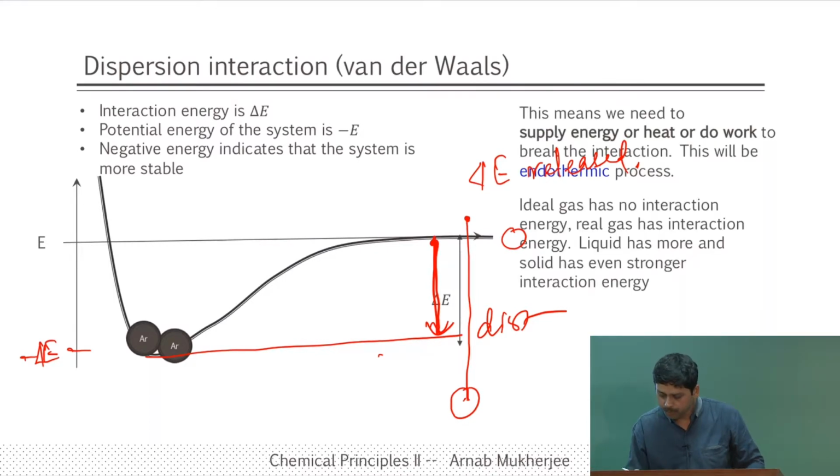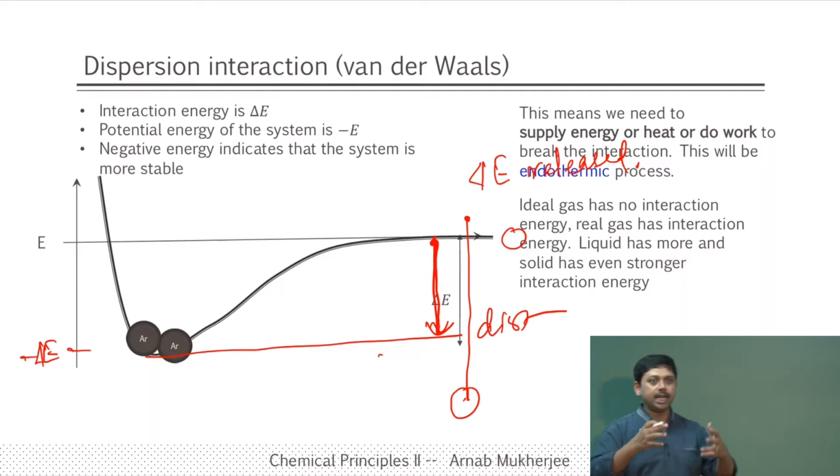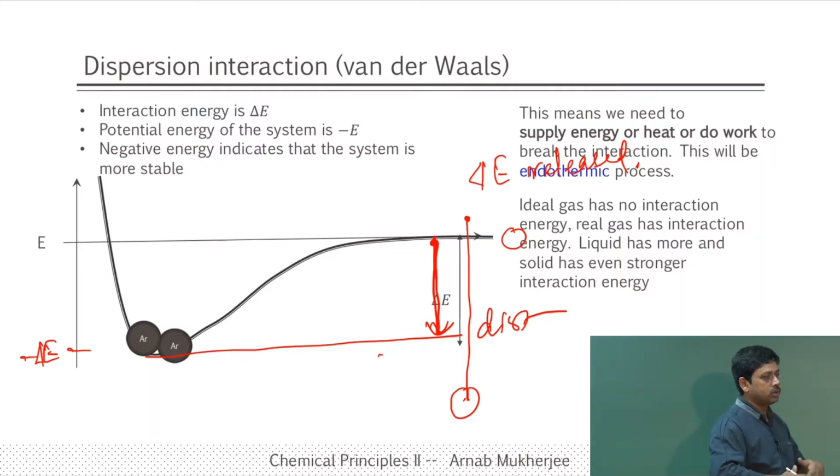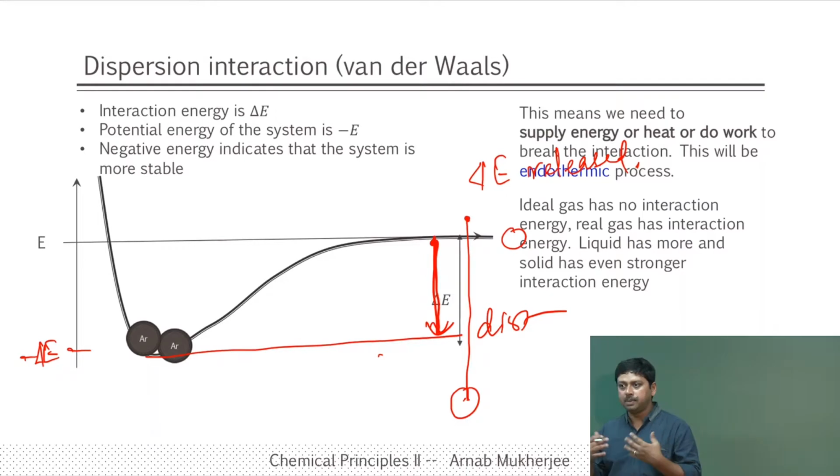So, this means that we need to supply energy or heat or do work to break the interaction, and this will be an endothermic process. An ideal gas molecule, as I said, has no interaction energy, however, real gas systems will have interaction energy. Real gas meaning argon molecules or nitrogen molecules, oxygen molecules, they will have interactions with each other, and those interactions are typically stabilizing interactions.